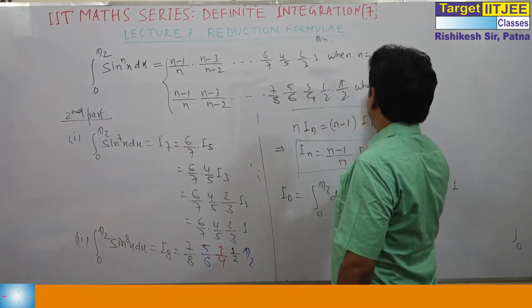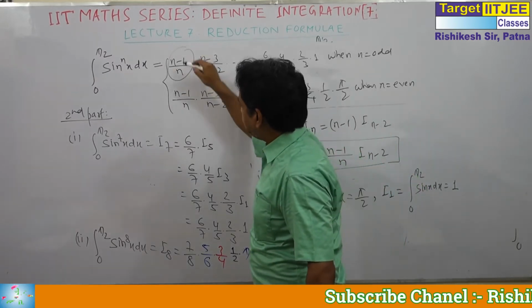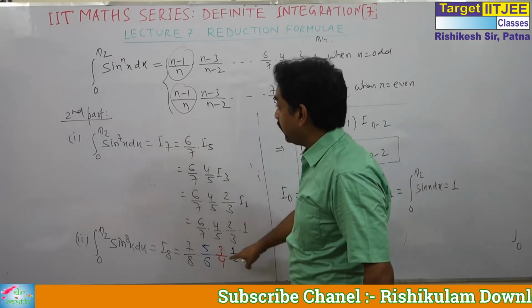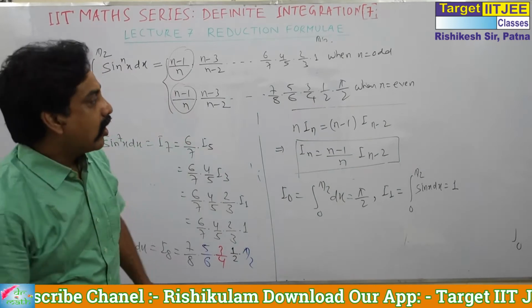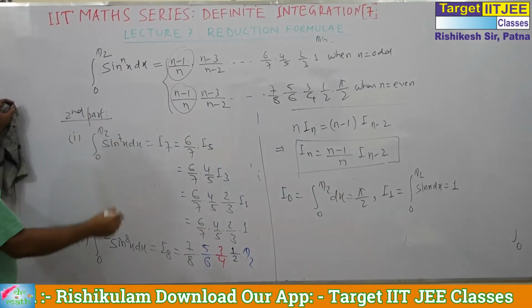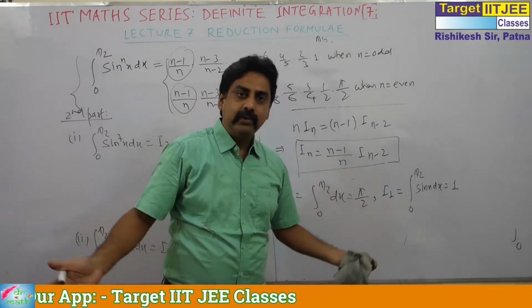This appears the same, but when n is even and when n is odd, it takes different values. Normally, people remember it, but I remember this one. You can do what you want.